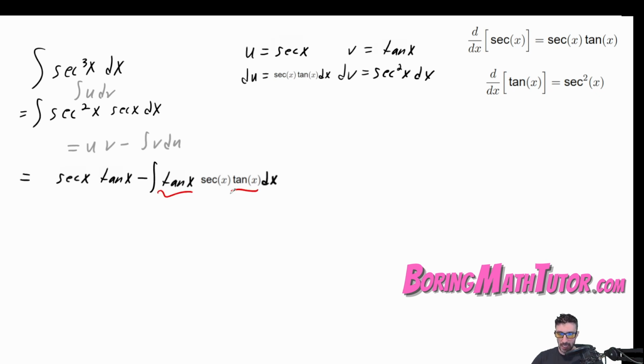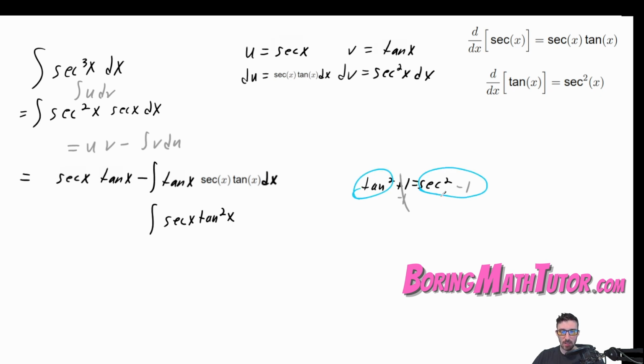I'm now seeing tan and tan, so I'm just going to make that into a tan squared. Now I have to remember the formula tan squared plus 1 equals secant squared, but if I subtract 1 on both sides, I actually get a formula for just tan squared, that it's secant squared minus 1.